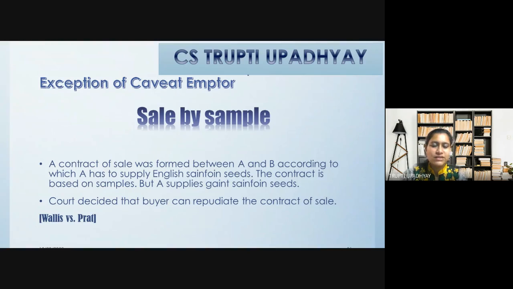Basically, the size of the sainfoin seeds was not matching the sample, and therefore the court decided that the buyer can repudiate the contract of sale because the sample and the bulk did not correspond, and the condition as to sample got breached by the seller.